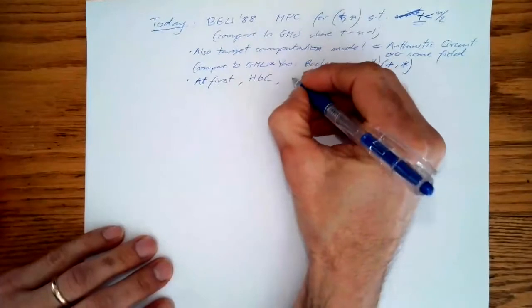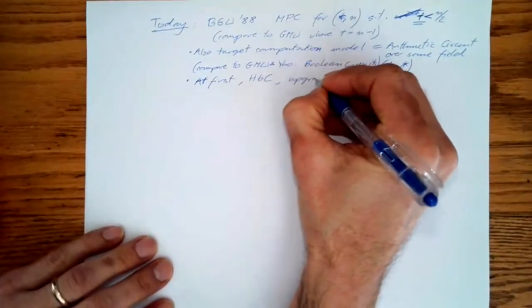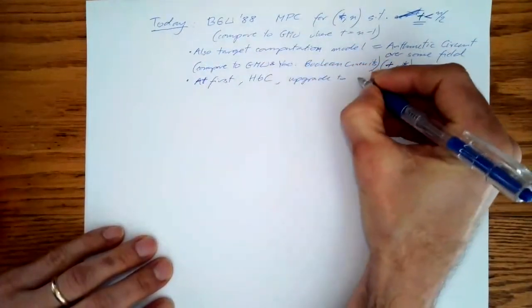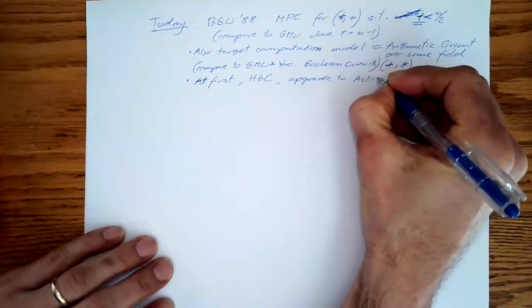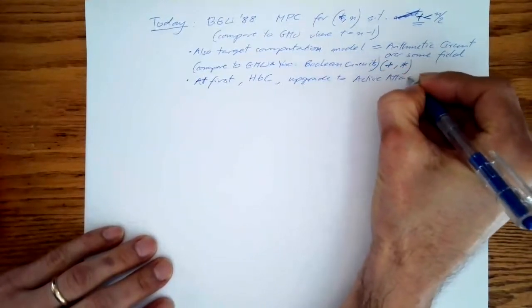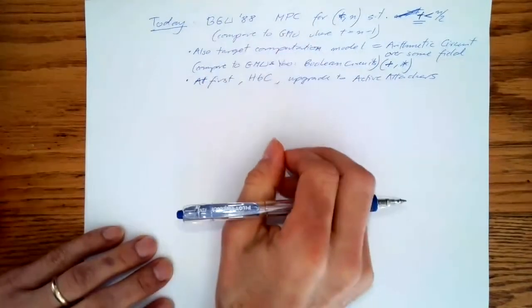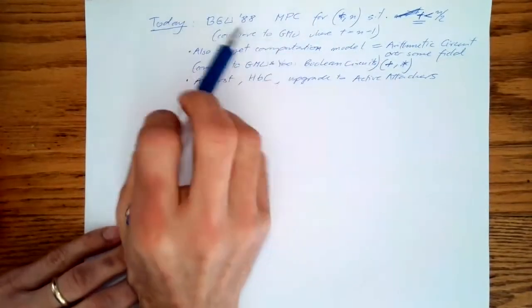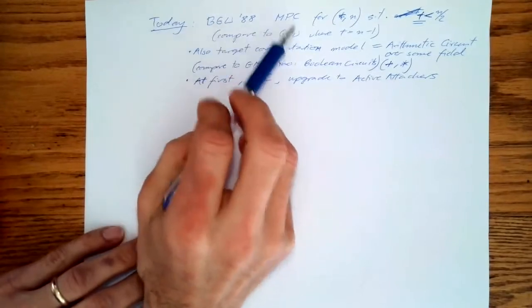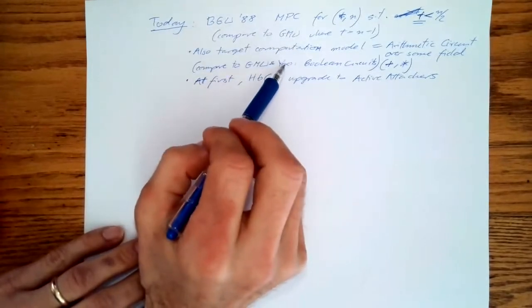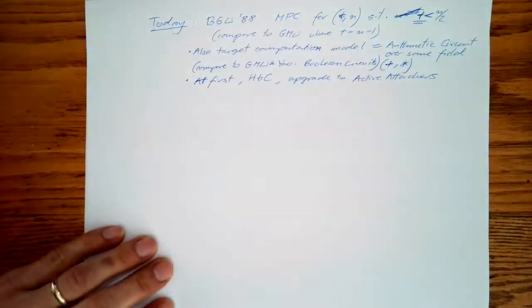But then upgrade to active attackers, which we spent some time on last time, using zero knowledge proofs for either Yao or GMW.